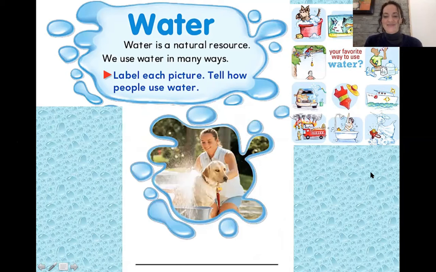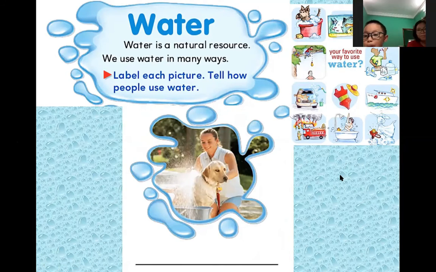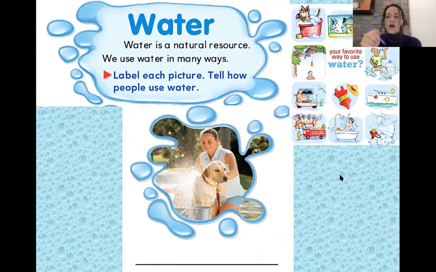Here's the next one. What do you see in this picture? Milk, what do you see in this picture? Girl is washing a dog. Good. Could you put that in one word? We use water for?